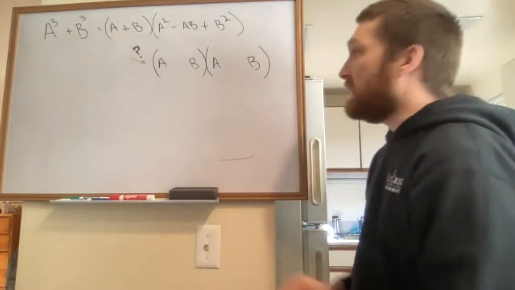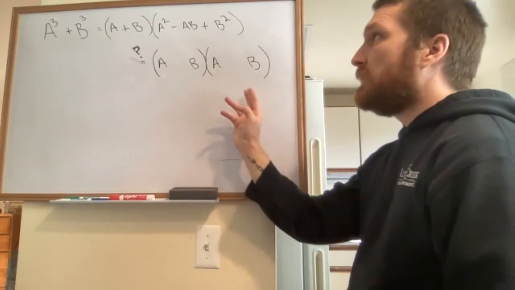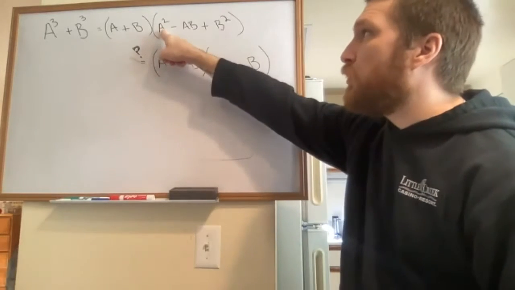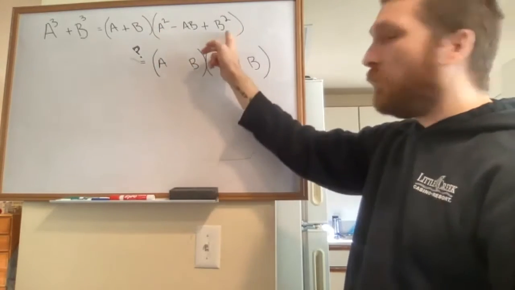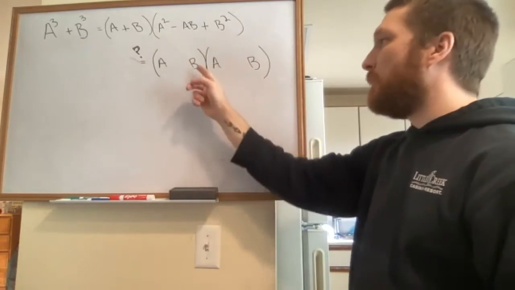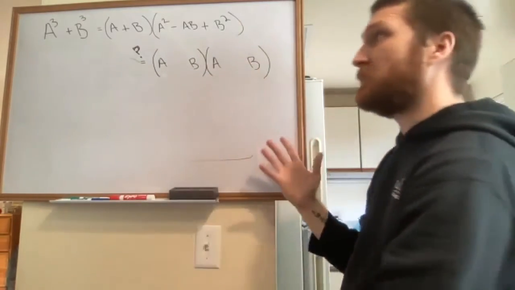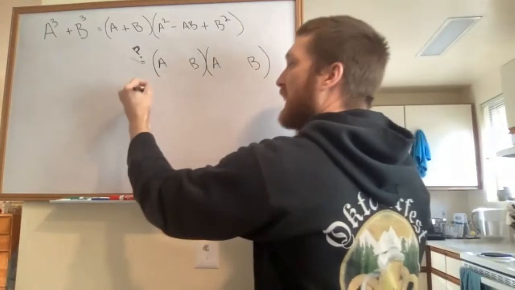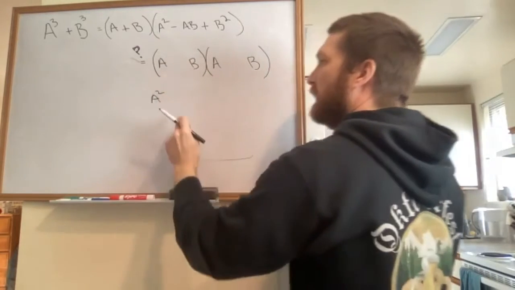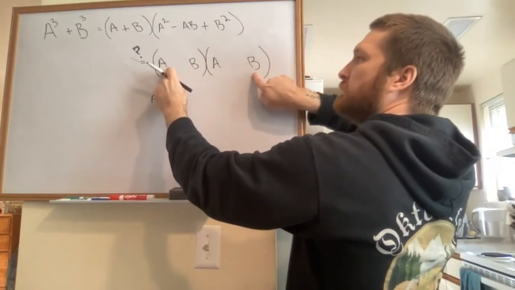Well, let's see. It would have to have this form because the only way you can get a pure A is if you have an A and an A, okay? The only way you can get a pure B is if you have a B and a B. It has to be this way. So now let's just look and see. First gives me A squared. The outer gives me what?